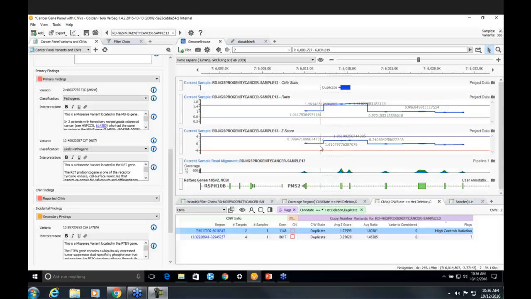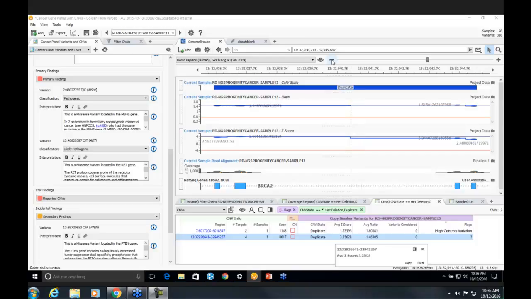This is to be expected, because if there's high variation between the controls, as the flag indicates, then we would expect high standard deviation amongst the controls at both of these positions. And that would in turn dampen the z-score. So it's pretty likely that this duplication is not a real CNV event.